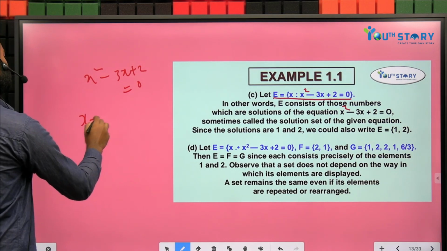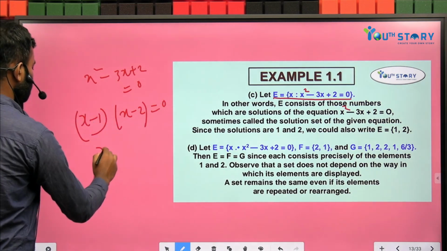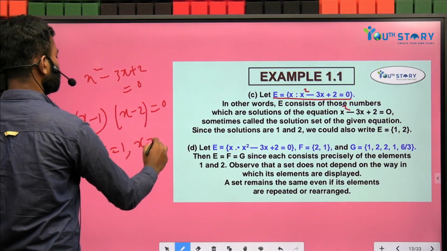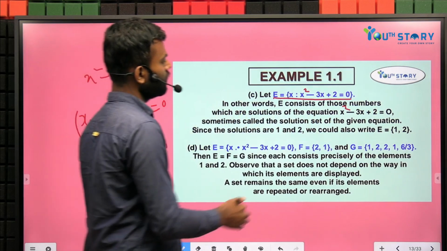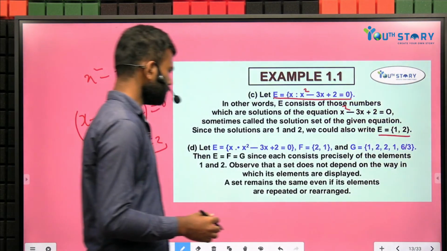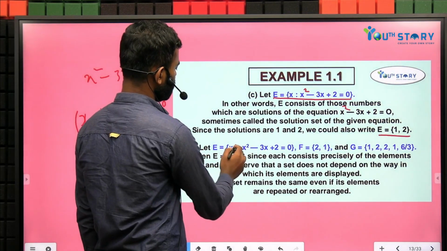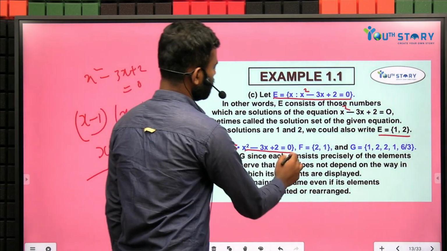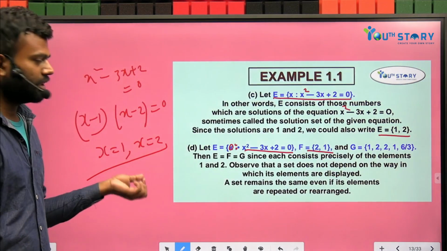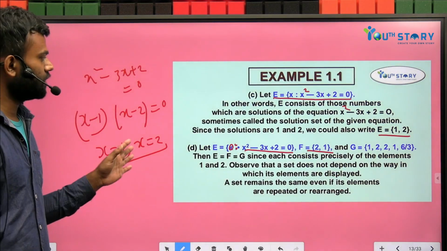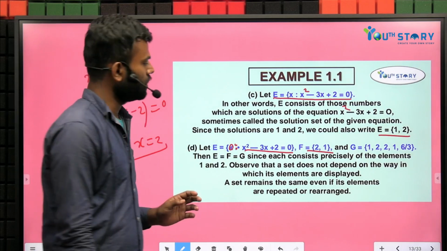If we find the roots, this will be x minus 1 times x minus 2, so the roots are 1 and 2. So E is explicitly 1, 2. And consider F, the set of x such that this is equal to 0, and F equal to 2, 1. Then E and F are both equal, since the number of elements in E and F is 2, so they are equal.